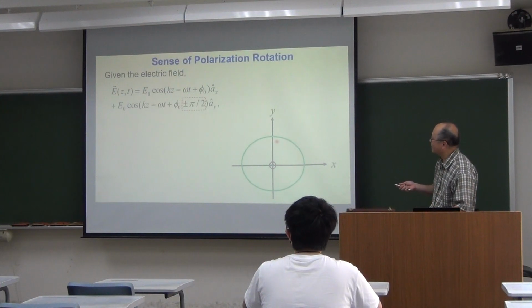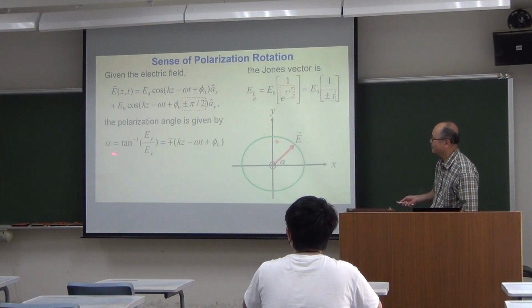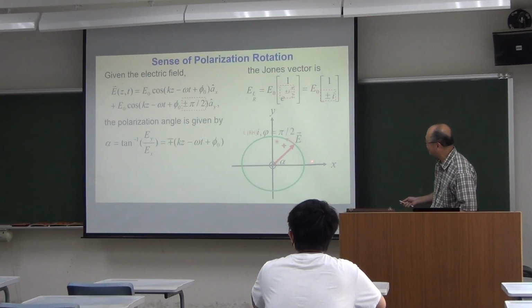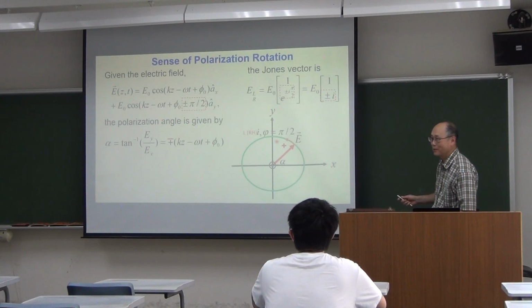Well, you do the same thing. You calculate the arctangent to determine how this angle is going to change with time. And again, if you adopt this minus notation, if minus gives you plus notation, the angle is going to increase with time. So it's going to rotate to your left. And this is called left polarization.